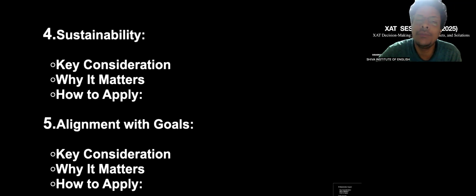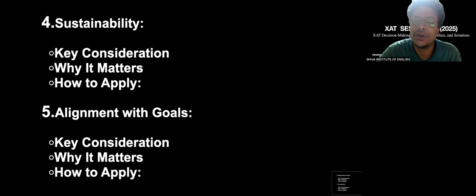So what do you mean by sustainability? When we talk about sustainability, here also we need to focus on the key consideration, why it matters, and how to apply that. The key consideration: does the solution ensure long-term benefits and minimal negative impact? If that's so, then why it matters?